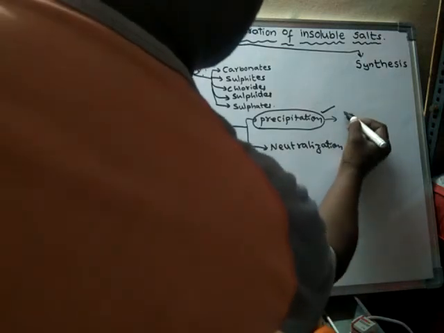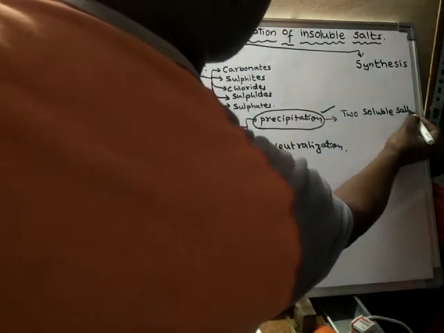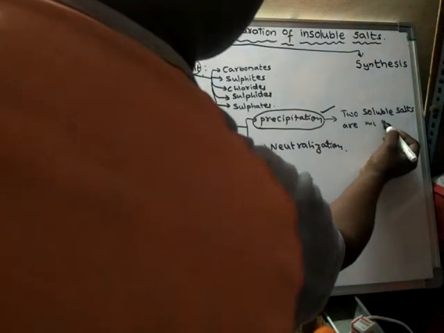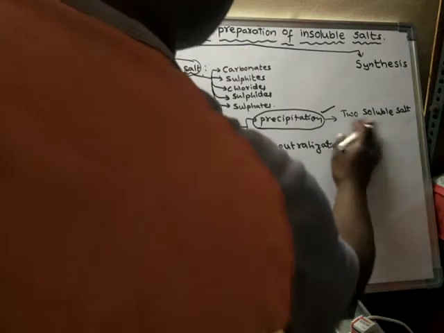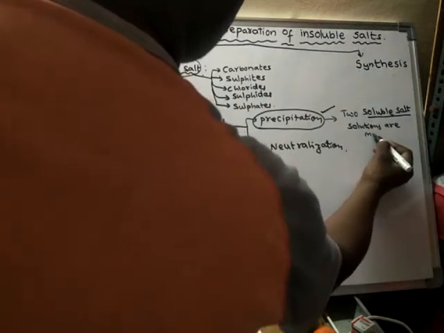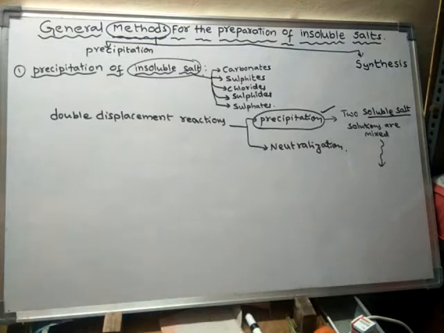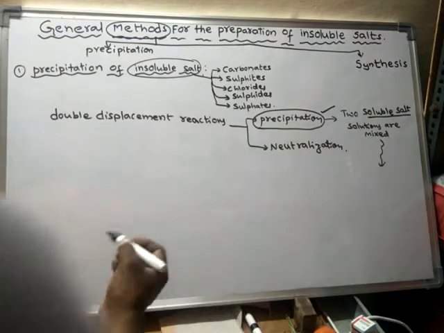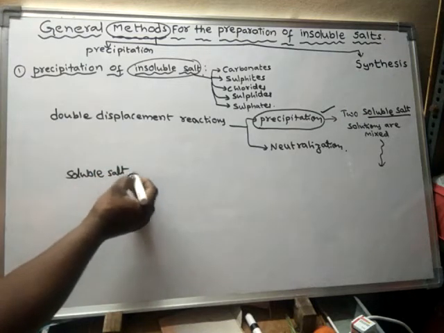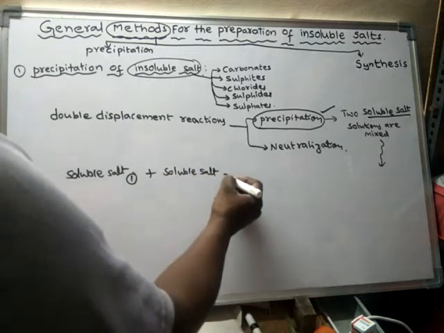In precipitation reaction, what happens? Two soluble salts are mixed in the form of their aqueous solutions. So what will you get due to the reaction between two soluble salts, for example, soluble salt 1 plus soluble salt 2?